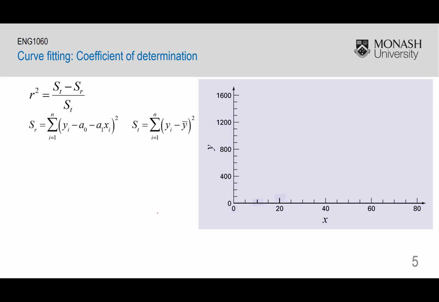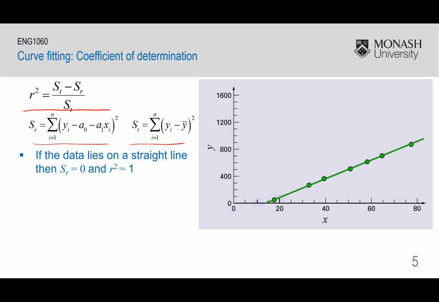So let's have a look at what kinds of different behavior we can get. Defining r squared, again, remembering what S_R is equal to, that sum of squares, and S_T is equal to that sum of squares. If we have a straight line and all the data points actually sit on top of that straight line, then r squared is equal to 1.